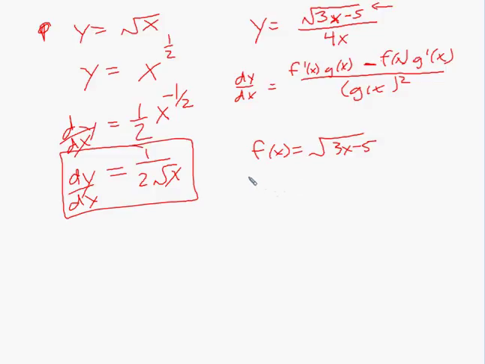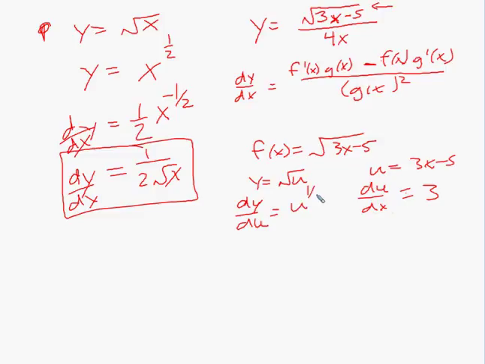So I'd say y, in this case, equals root u, and u is the 3x minus 5. Then that means du dx equals the derivative of this, which is 3, and then I do dy du, the derivative of function y with respect to u.